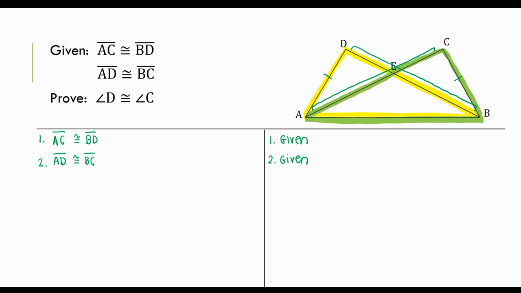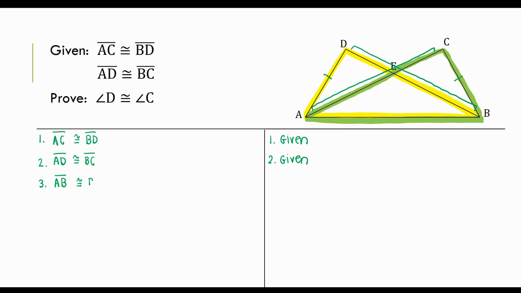But right now, they only have 2 things that are marked. So we need a third thing before I can state that I have congruent triangles. If you look at how I have the highlighted triangles, these two triangles share a side. Both of the triangles at the bottom are highlighted with the side AB. So I'm going to say that the side AB is congruent, but now this is where I have to be careful.